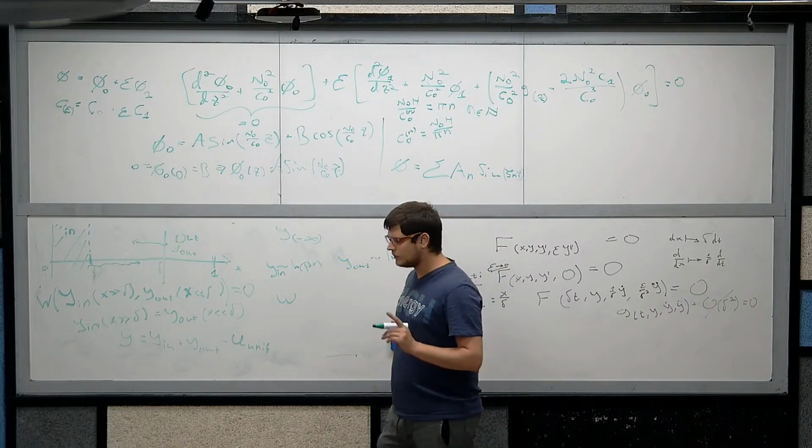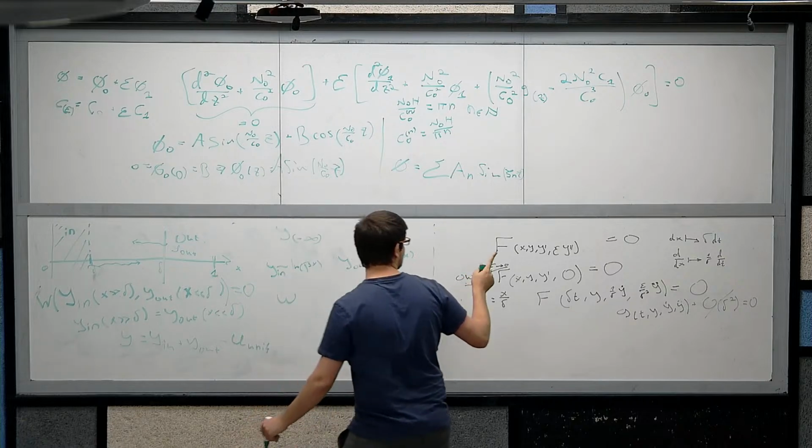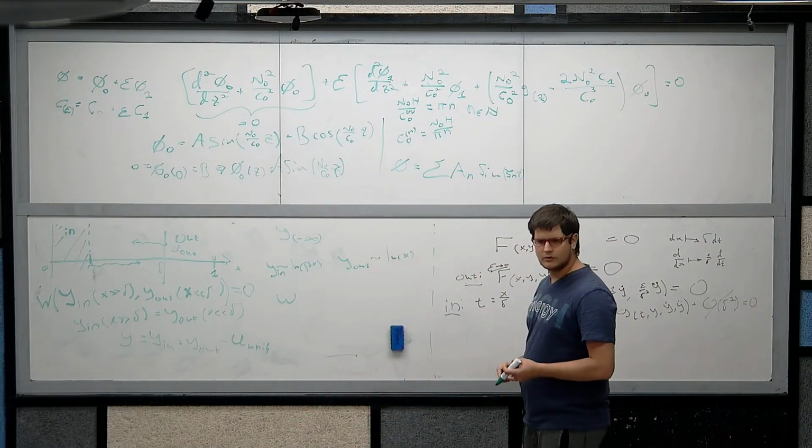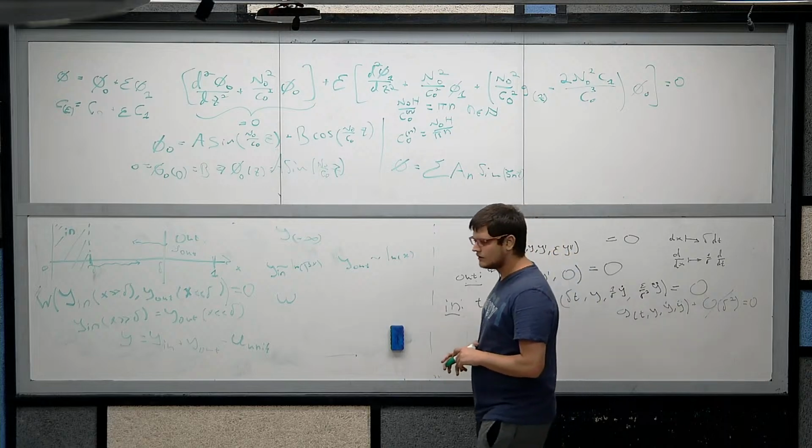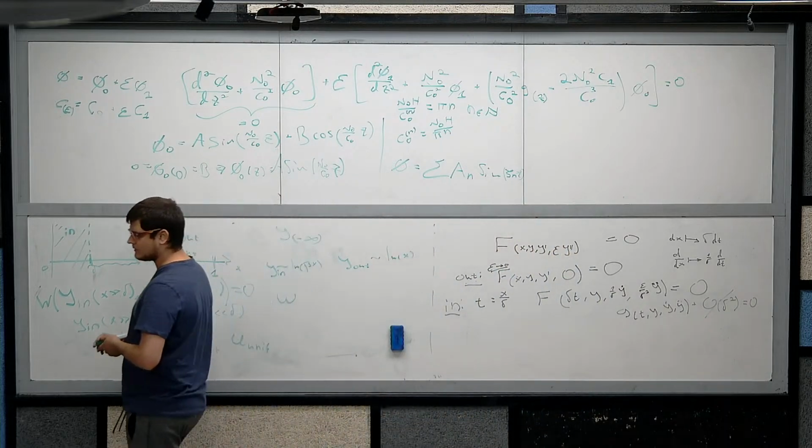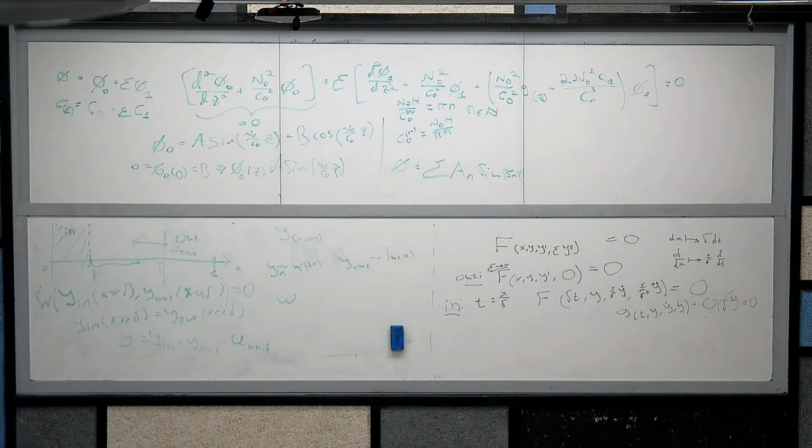And by the way, one more thing I'd like to say is what is the benefit of doing boundary layers instead of doing perturbation theory. That is a really important thing. It's easier.